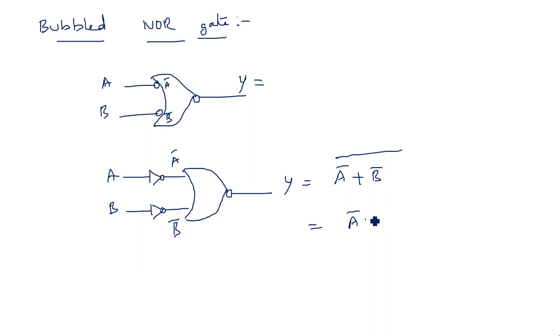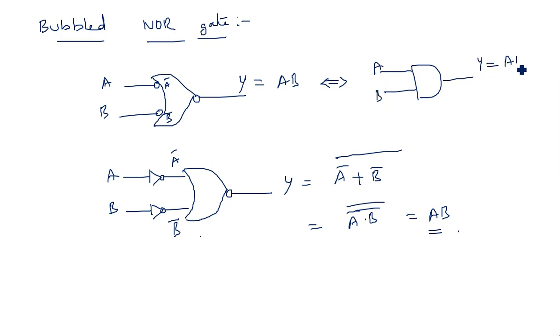It is simply AB. That means the bubbled NOR gate is acting as an AND gate. A, B, and this is how Y is equal to AB. So the bubbled NOR gate is acting as an AND gate.